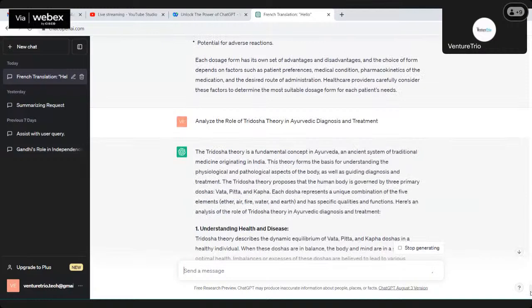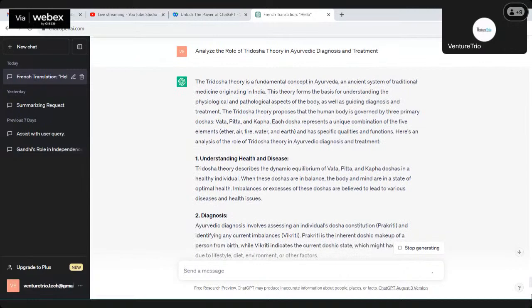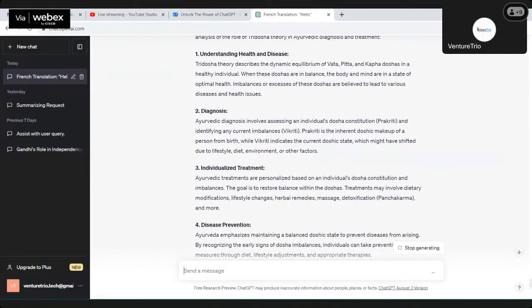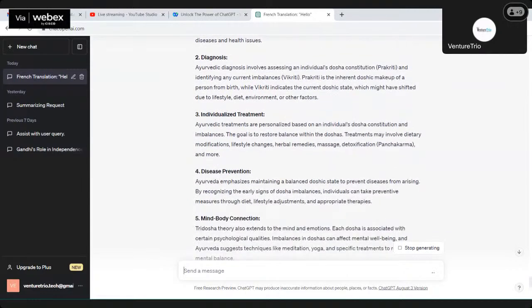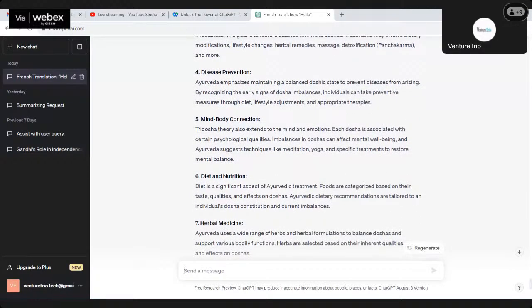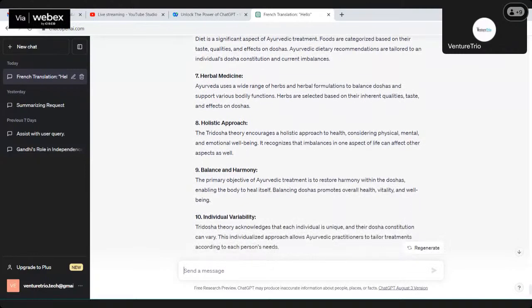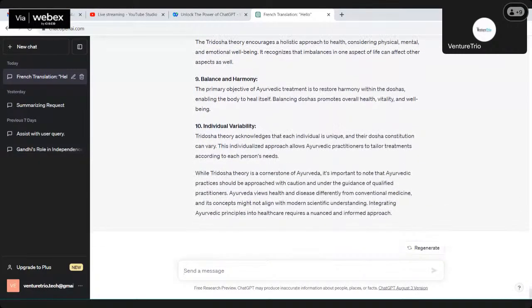It says that Tridosha theory is a fundamental concept in Ayurveda, an ancient system of traditional medicine originating in India. And it will provide the role like understanding health and disease, diagnosis, individualized treatment, disease prevention, mind-body connection, diet and nutrition, herbal medicine, holistic approach, balance and harmony, individual variability.